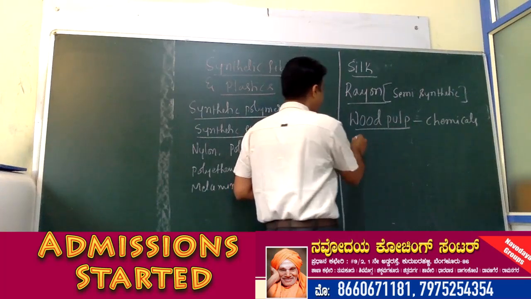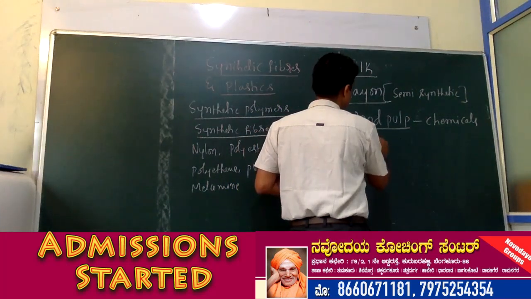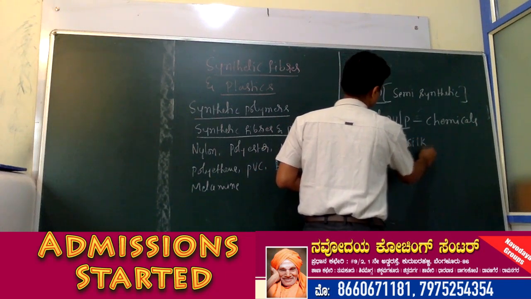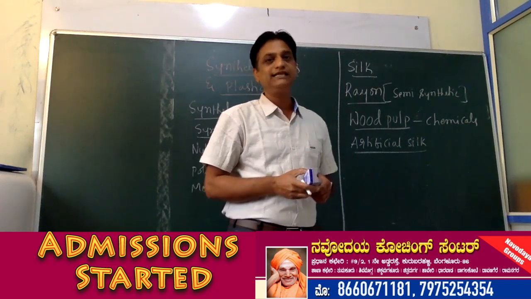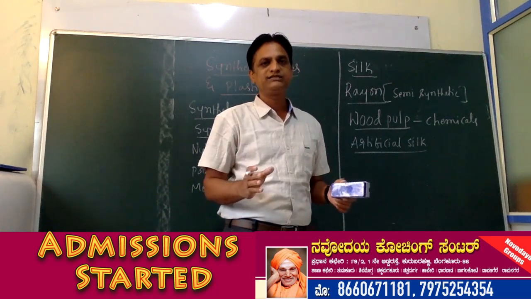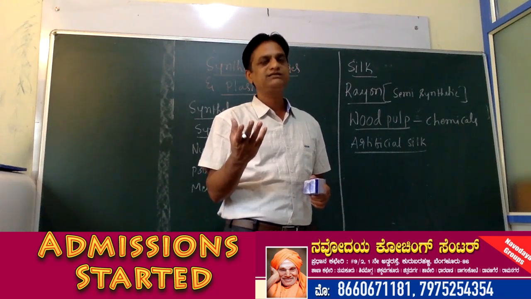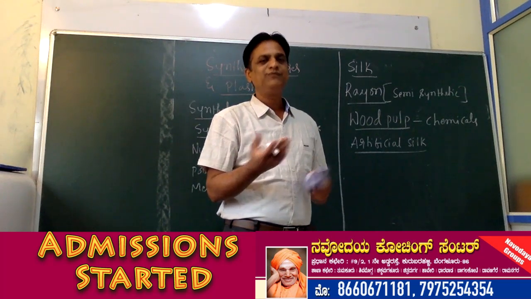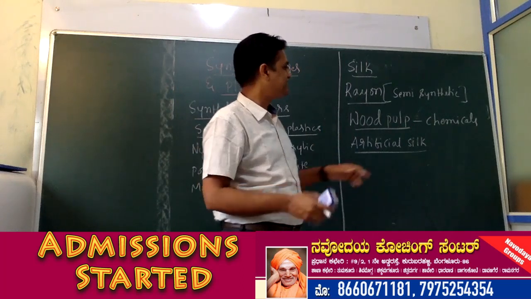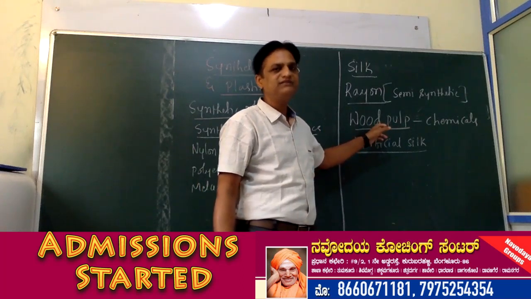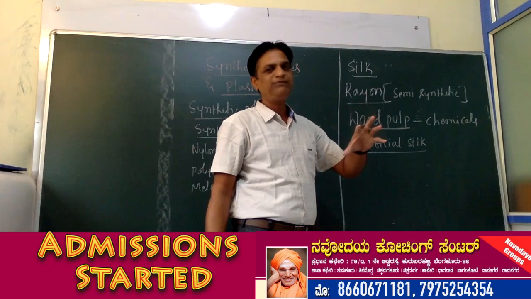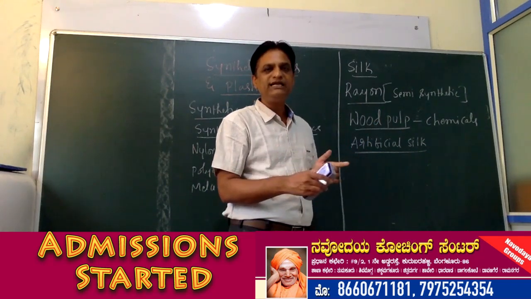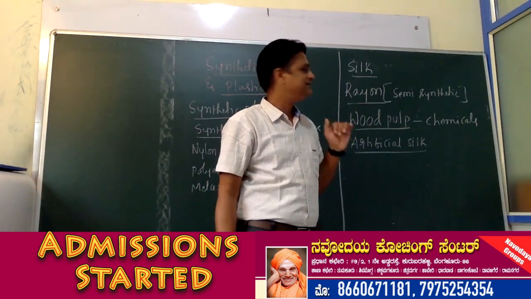That's why rayon was also called artificial silk. See, silk clothes are costly because silk fiber is costlier. But towards the end of 19th century, by reacting certain chemicals with wood pulp, since wood pulp is a natural source, that is, it is not completely synthetic, we can say it is semi-synthetic.